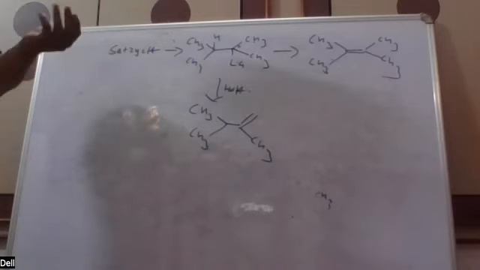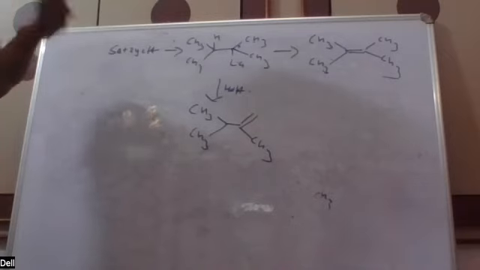Also, in E2 anti-periplanar geometry is a must, but in SN2 we get an inversion product. The reactions happen from backside attack in both cases, but the products obtained are totally different. Yes, good.